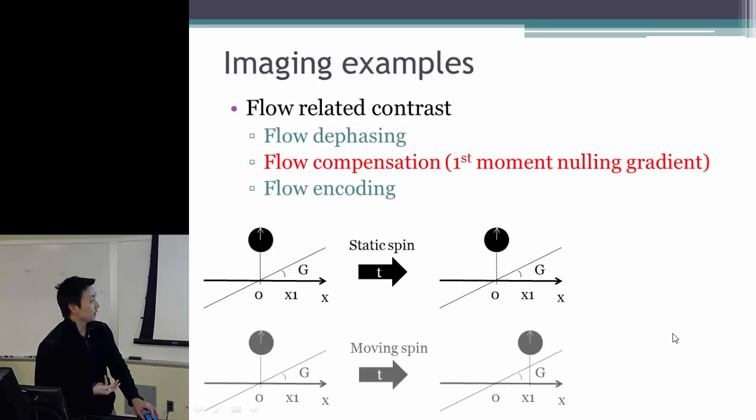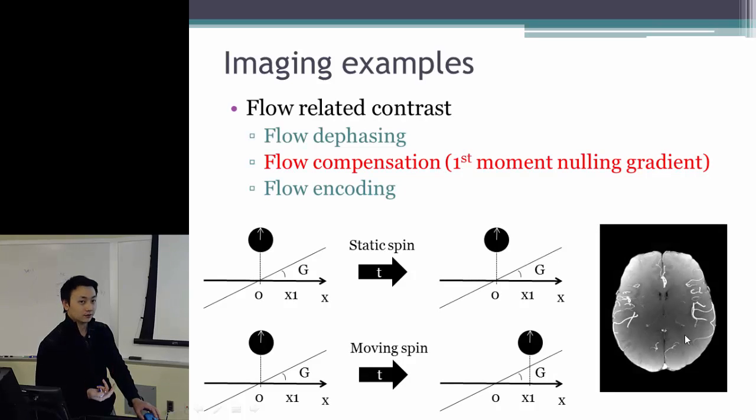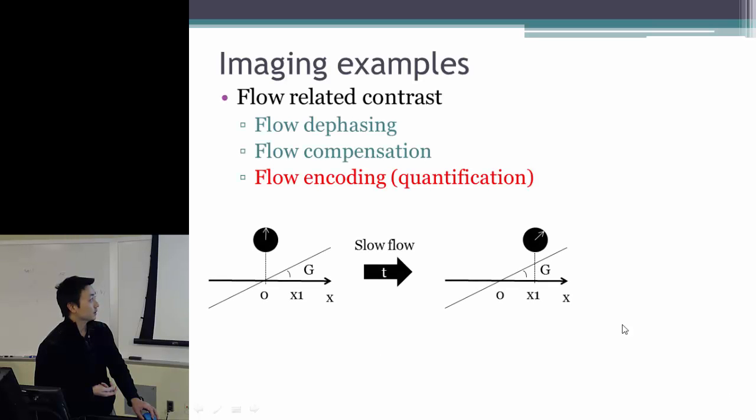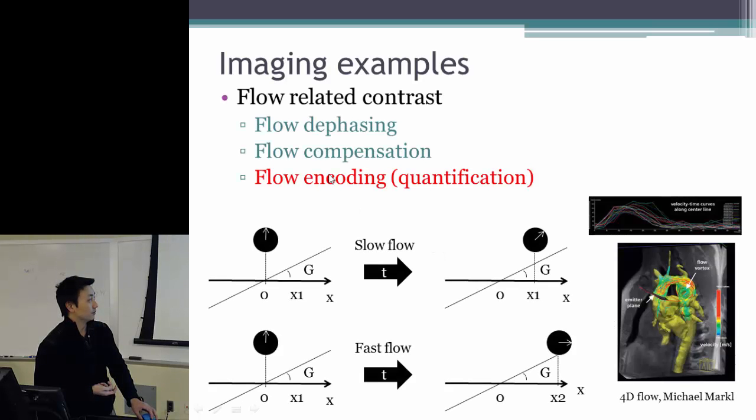For the next one, it's just a normal 3D TOF with flow compensation. Then we will be mainly seeing the arteries because of the significant inflow effect. And also with flow encoding, which is based on the phase contrast method, it does the phase contrast along different directions to calculate the flow in three dimensions.